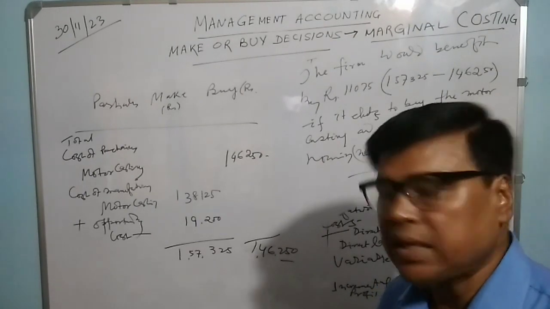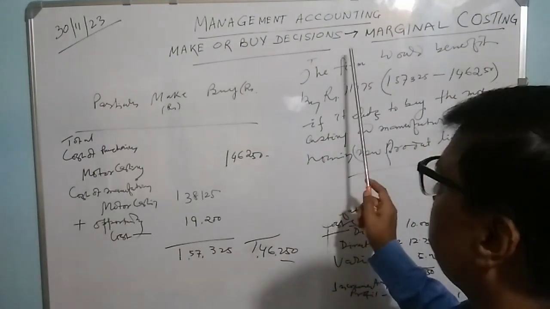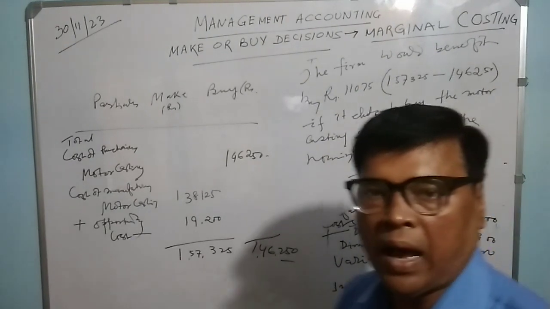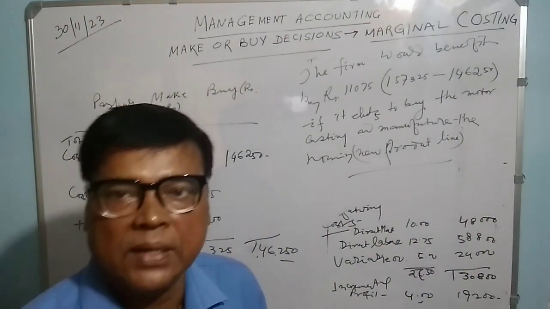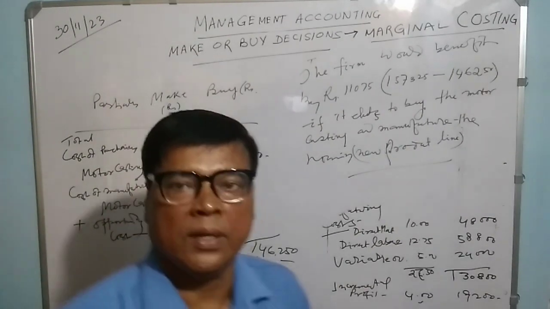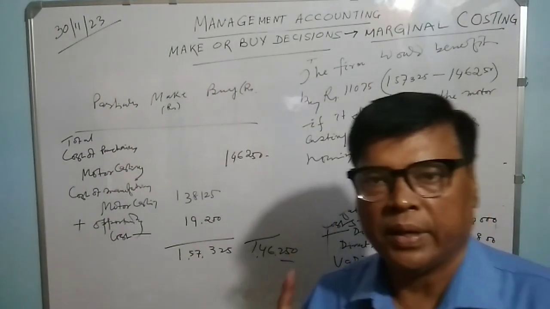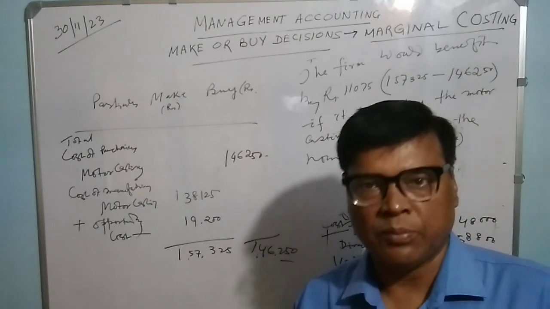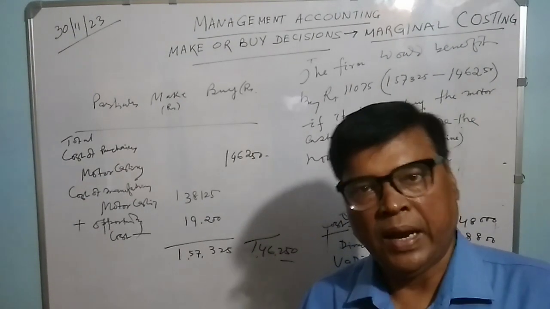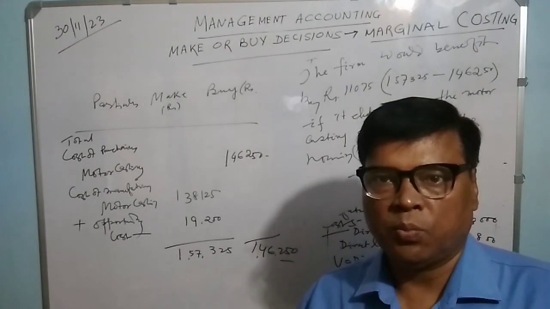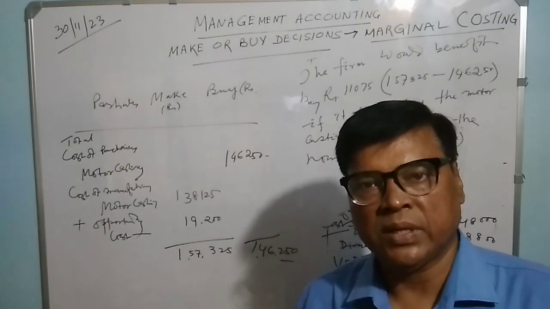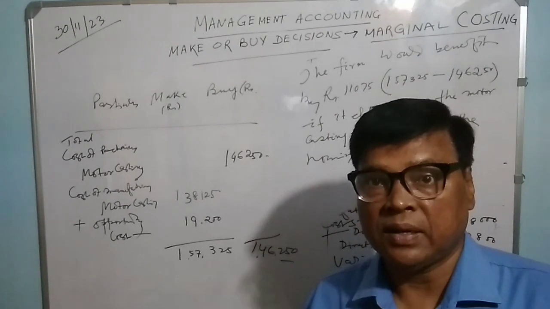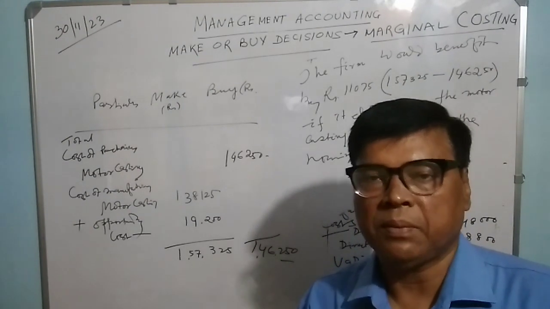So that is the concept of make or buy decision under marginal costing, and it is very vital and important for your postgraduate syllabus, M.Com syllabus, and definitely professional courses like chartered accountancy and cost and management accountancy. This type of decision is very vital.